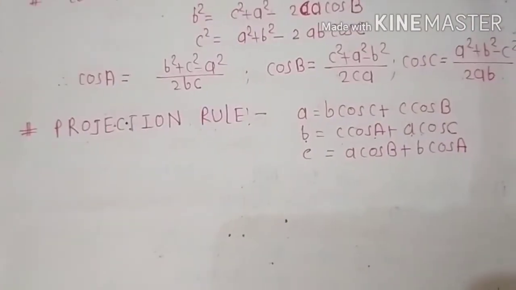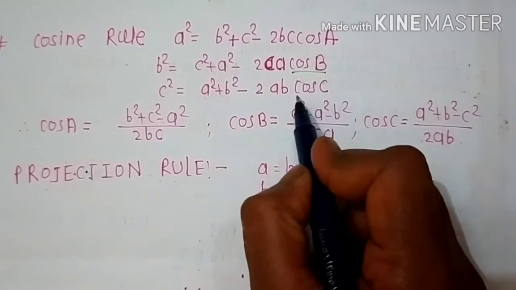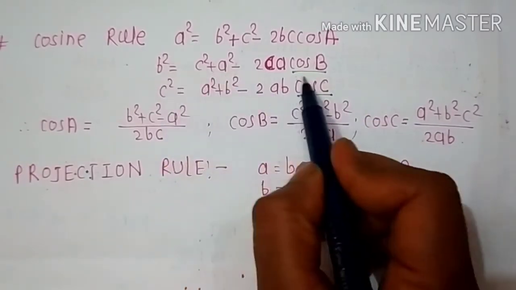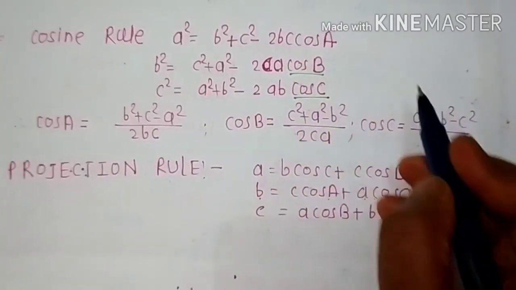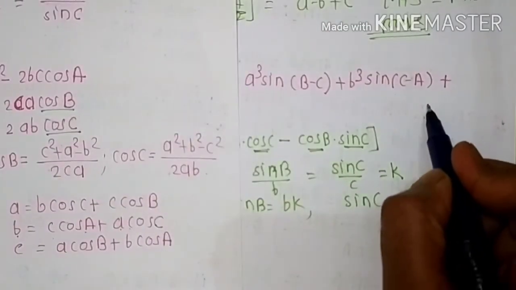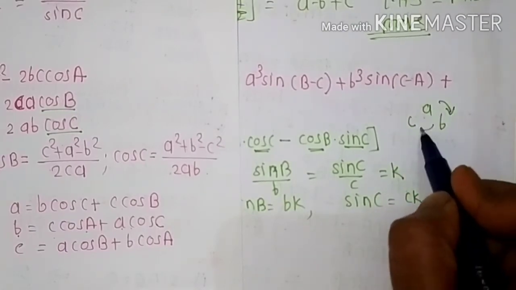For cos b and cos c, we have to use these formulas. You have to remember the rotation of a, b, c.